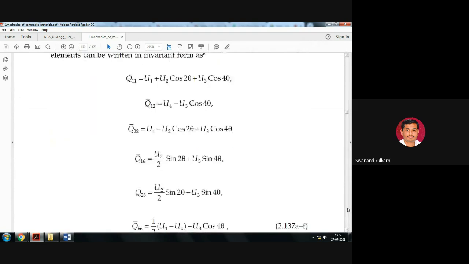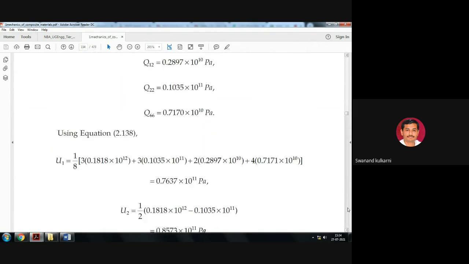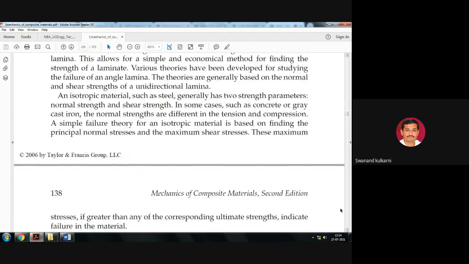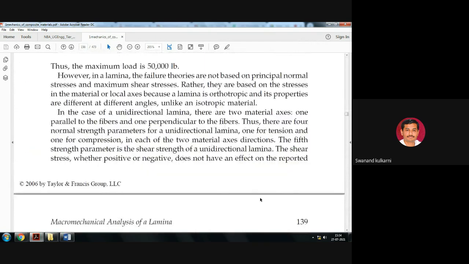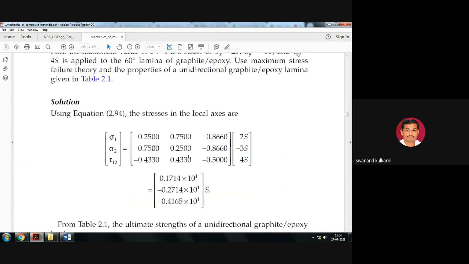So let us come to our example. In this example we were studying, we were using this equation for the references, and here we have used this particular maximum stress theory. So sigma 1 is given as this point. So this particular matrix you can understand now. This is the transformation matrix, this is sigma 1, and this is sigma x, sigma y, and tau xy.